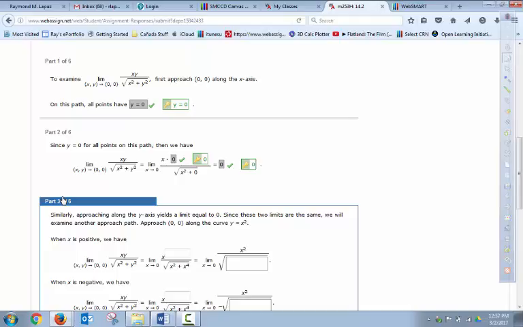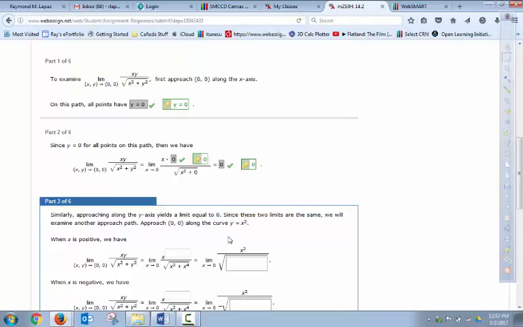So now, similarly, we're going to approach along the y-axis, and here they don't walk through the process. But if you were to approach through the y-axis, you would let x equal 0 and go through the same process, and you're going to get 0, which is what they say here.